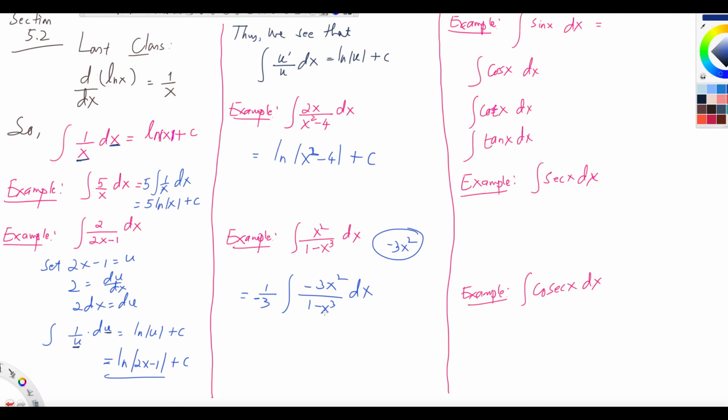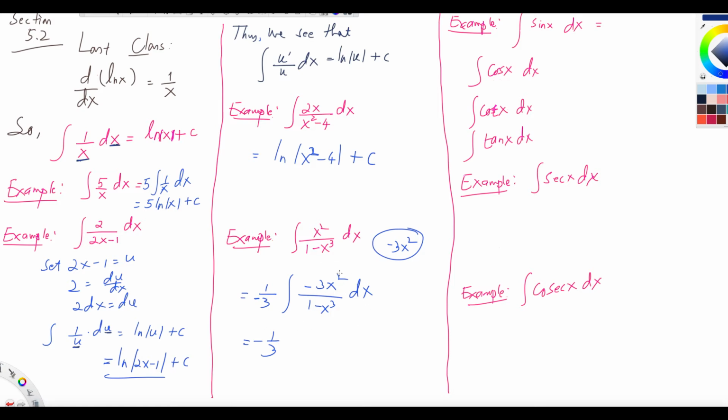Now there is a function in the denominator whose derivative is exactly the numerator. So sometimes if the derivative is not exactly what is in the numerator, you can multiply by a constant or divide by a constant to make it the derivative of the denominator function and then use that formula, right? So negative 1/3 stays outside.